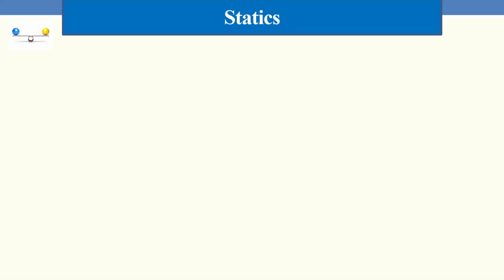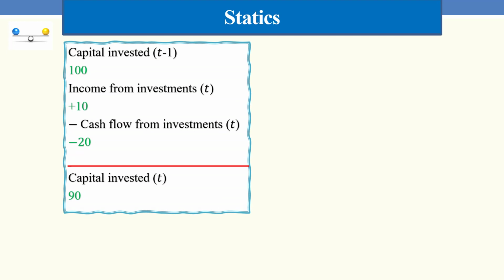Let's now consider the statics of an economic unit, and in particular the statics of a firm. Let's take back the first period of the example I have presented some minutes ago. The firm invests 100 at time 0. The $10 income increases the capital, which is decreased by $20 because $20 are pulled out from the firm, and the resulting new capital amounts to $90.